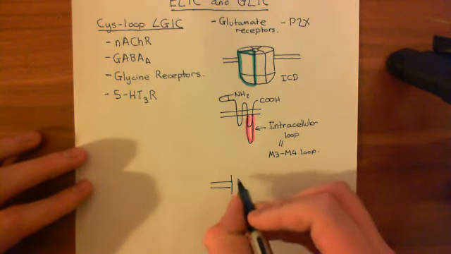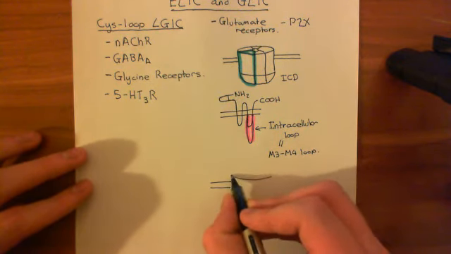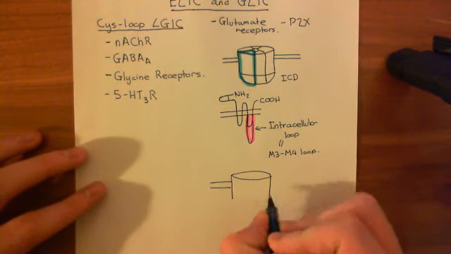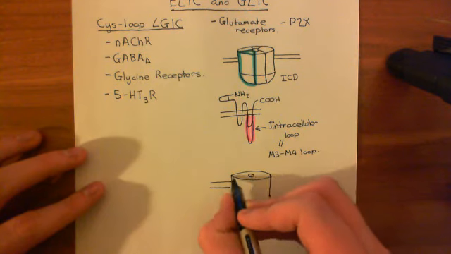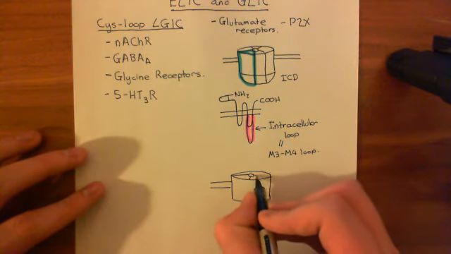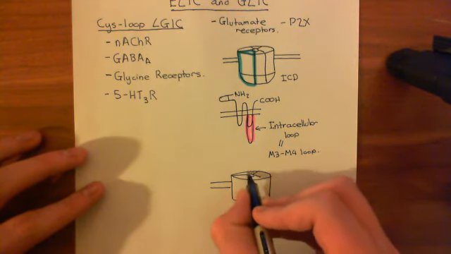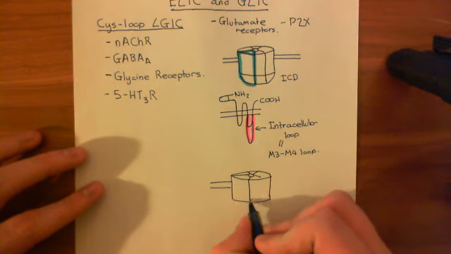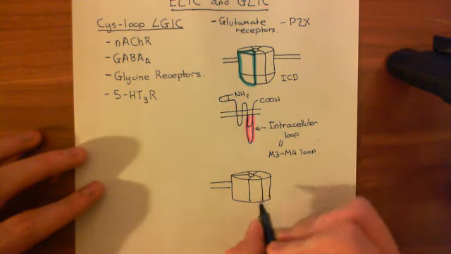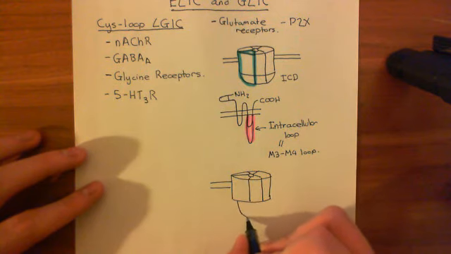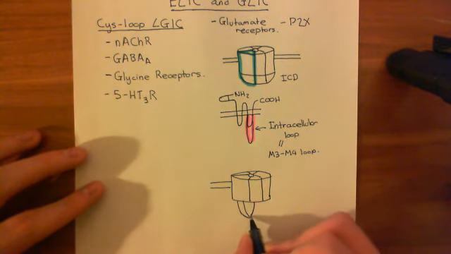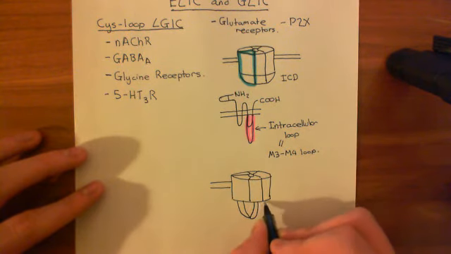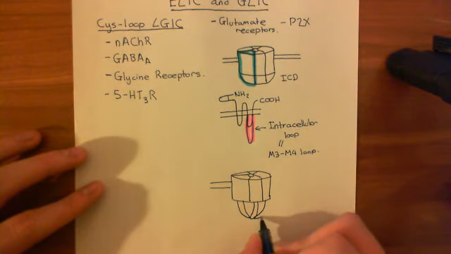Okay, so if I draw the protein again, like so, then you have these 5 subunits making up the pentamer. Like so, 1, 2, 3, 4, 5. And each subunit basically has this intracellular loop coming down. And what happens is all of the intracellular loops from all of the subunits come together right at the bottom.